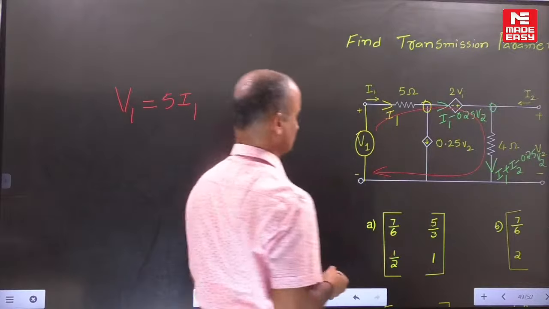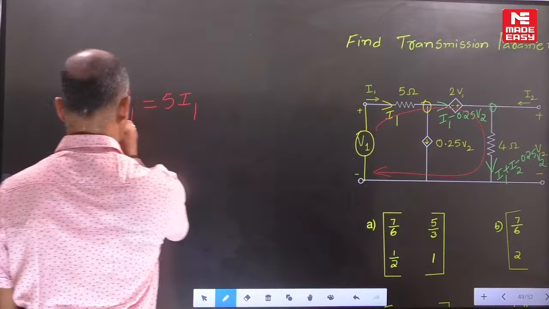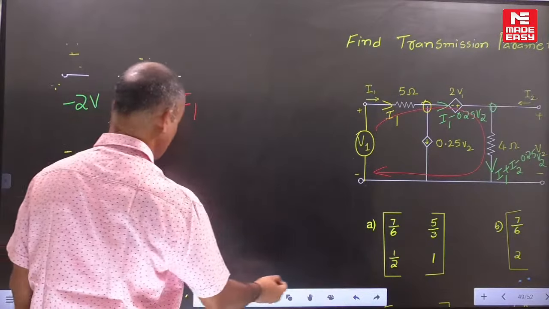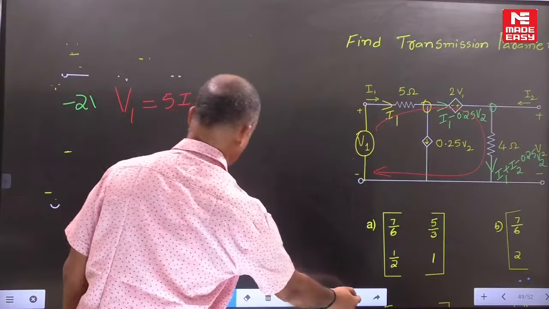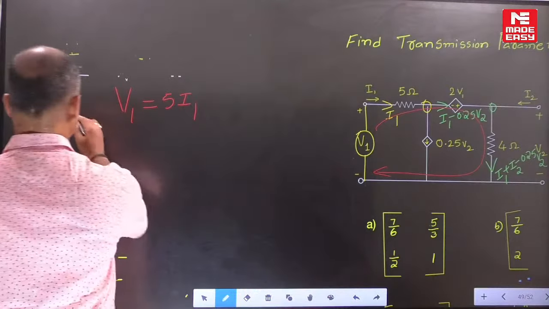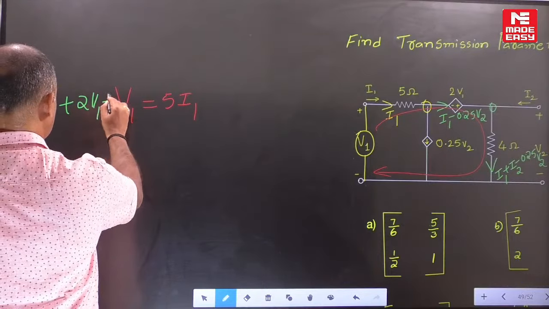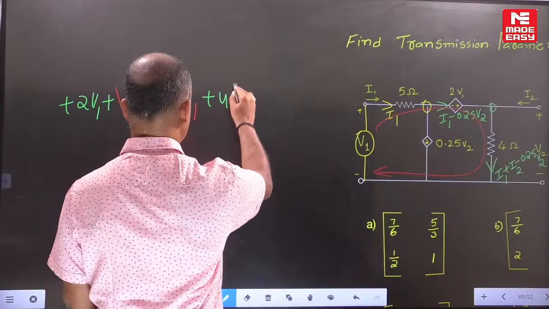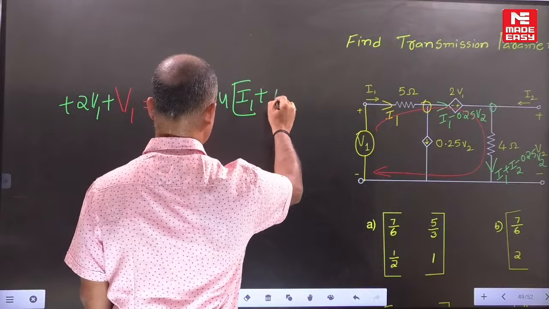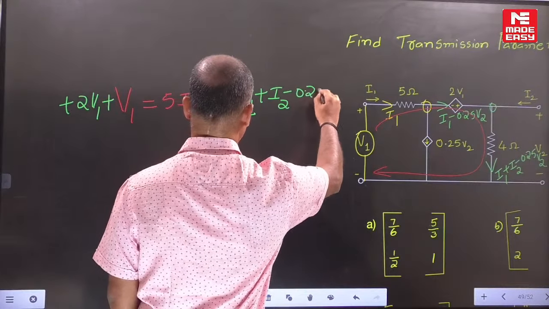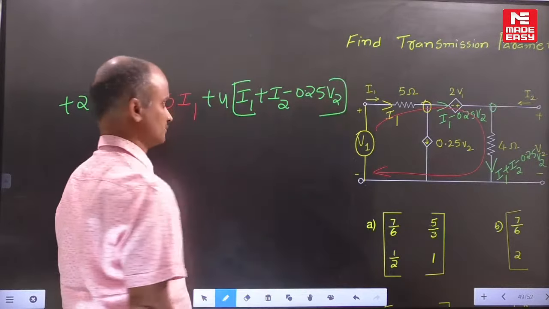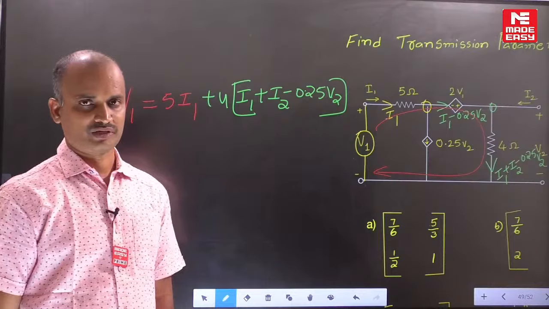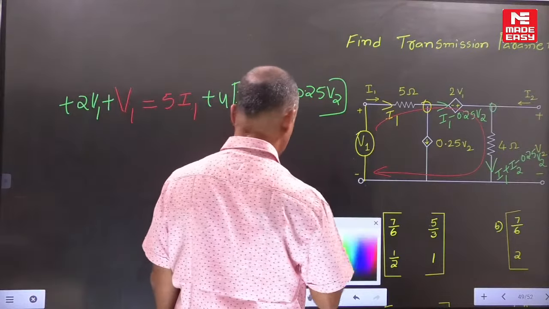Then 2V1 plus, for the 4 ohm resistor, the current circulating is I1 plus I2 minus 0.25 V2. This is one equation. We developed the KVL equation for the dotted loop. Now we have equation 1.